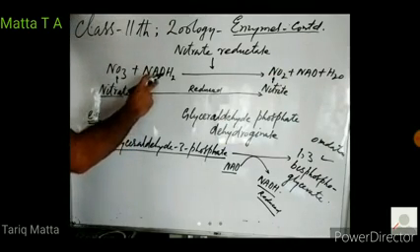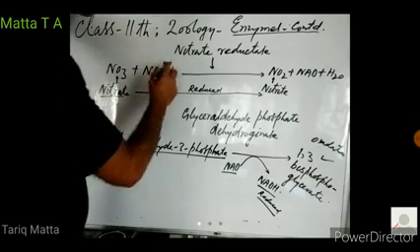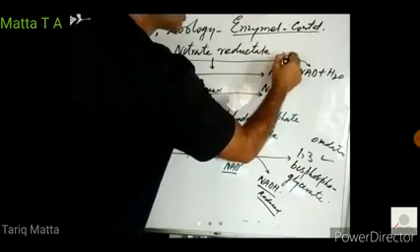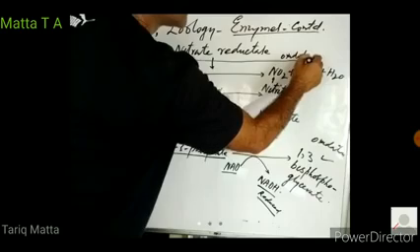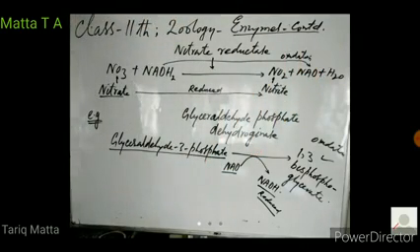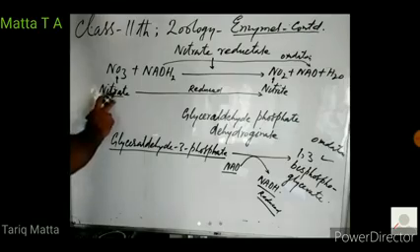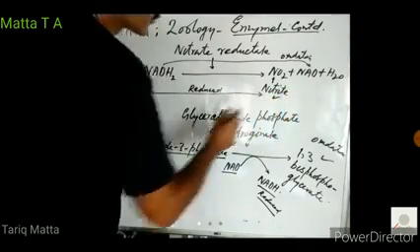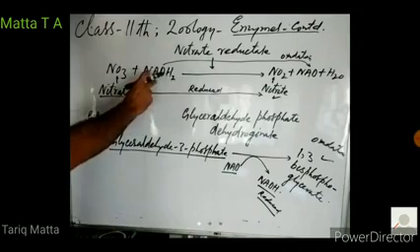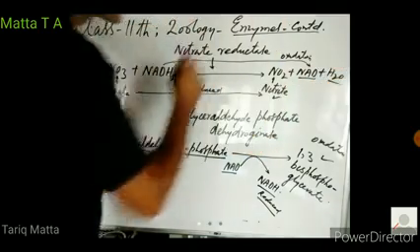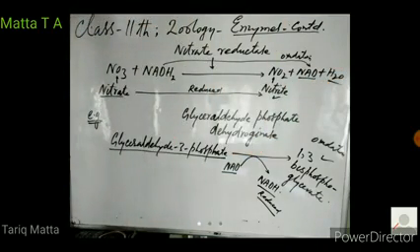And NADH2 is oxidized to NAD. So this is the oxidation part. So in this way, the same enzyme, nitrate reductase, reduces nitrate to nitrite, and simultaneously it oxidizes NADH2 to NAD and water, right? So the same enzyme is carrying out oxidation and reduction.